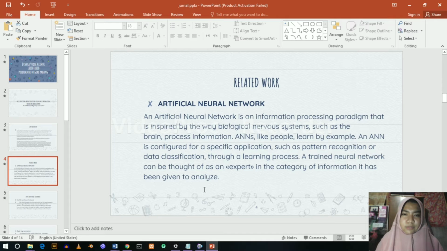An artificial neural network is configured for a specific application, such as pattern recognition or data classification, through a learning process. Trained neural networks can be thought of as an expert in the category of information they have been given to analyze.